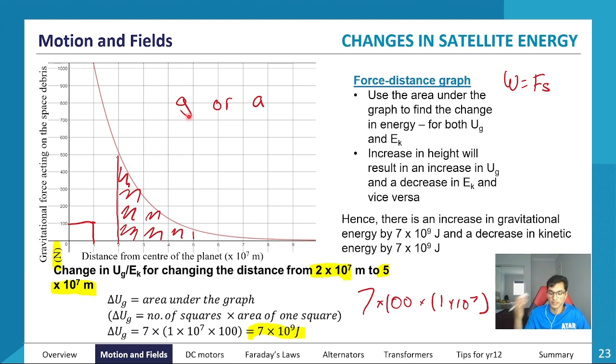We know force times displacement is the work done, so we want everything in force. And to go from G or A to force, we know that force is equal to mass times acceleration, or F is equal to mg.